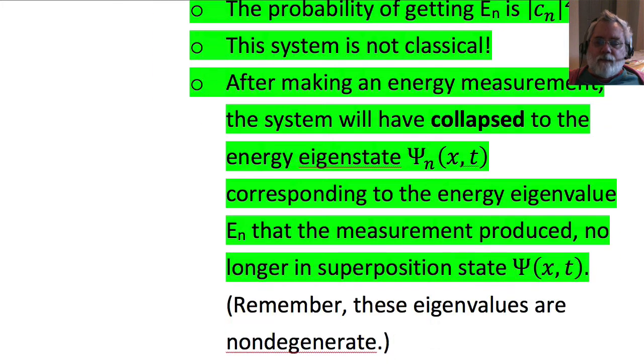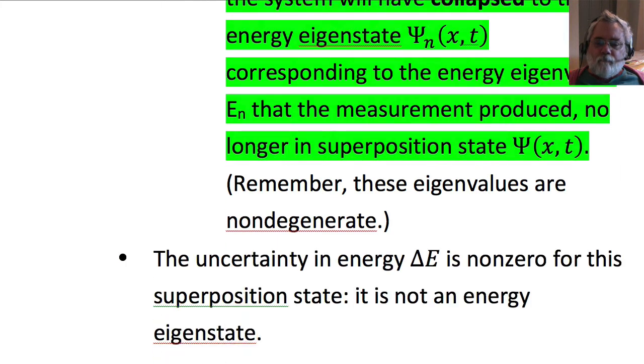After making an energy measurement, the system will have collapsed to the energy eigenstate psi sub n corresponding to the energy eigenvalue E sub n, if it's non-degenerate, which particle in a box in one dimension is. It's no longer in superposition state psi.